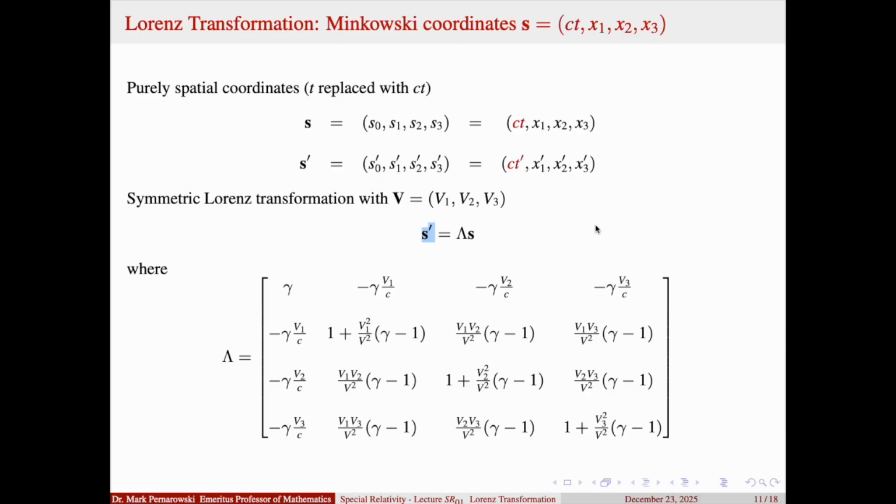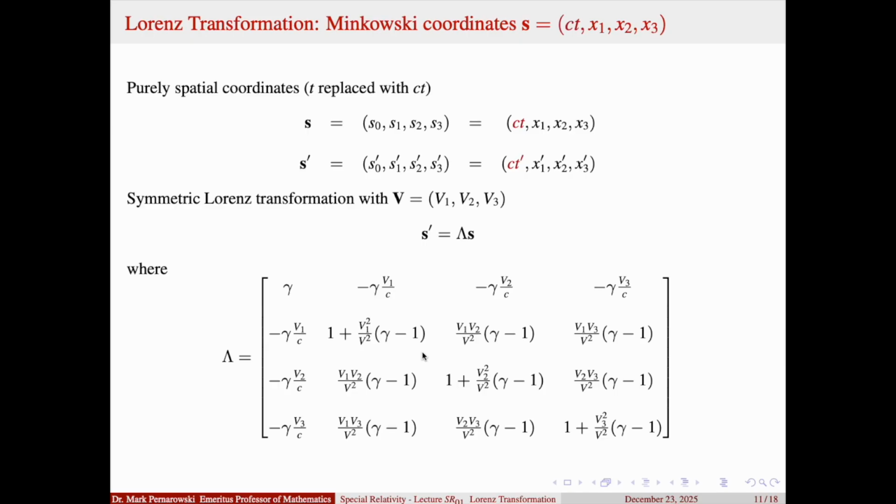It's got a lot of little nonlinear terms in it, in particular things like v1 squared over v squared and gammas. But one thing that immediately pops out is that it's symmetric now. That's useful because we know that symmetric matrices can be diagonalized, and they have real eigenvalues and all sorts of nice properties.